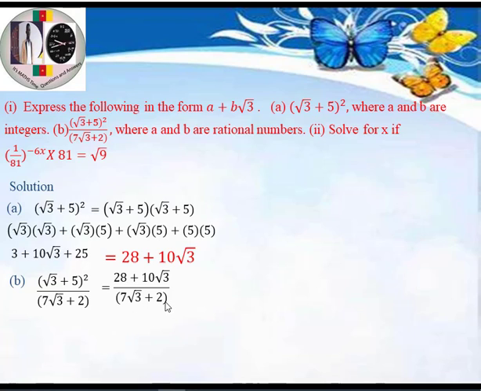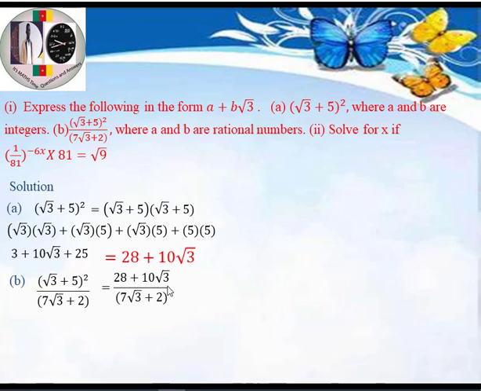The next thing we are going to do, in order to have this expression in the form a plus b root 3, is to rationalize the denominator. What do we mean by rationalizing the denominator? It is to change the sign between the constant and the square root number, what we can call in complex numbers the real and the imaginary part.